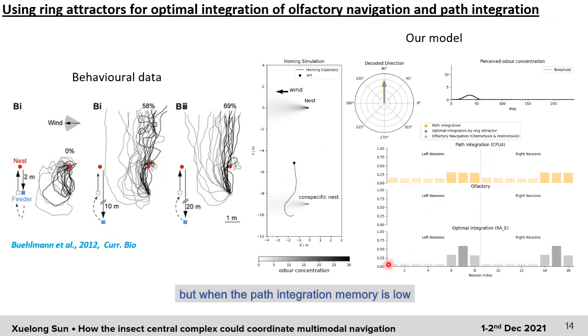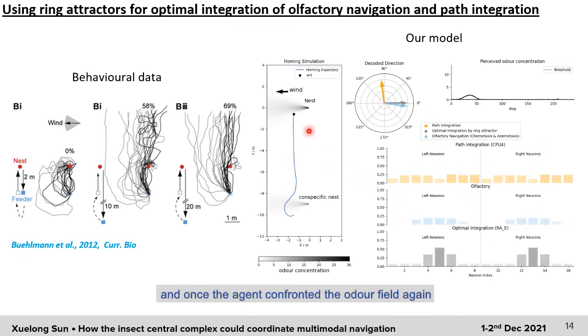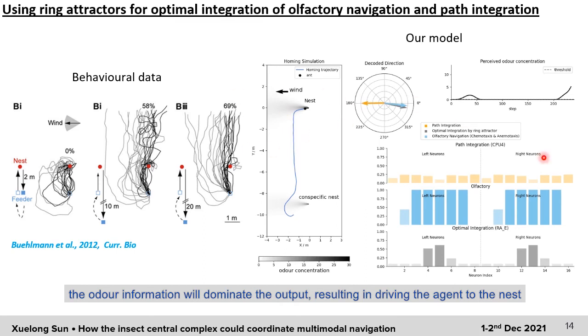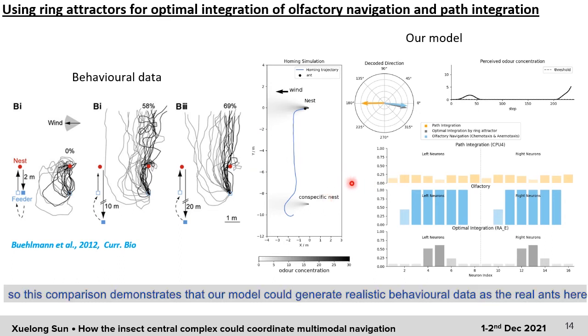But when the path integration memory is low, and once the agent confronts the odor field again, the odor information will dominate the output, driving the agent to the nest. So this comparison demonstrated that our model could generate realistic behavioral data like real ants.